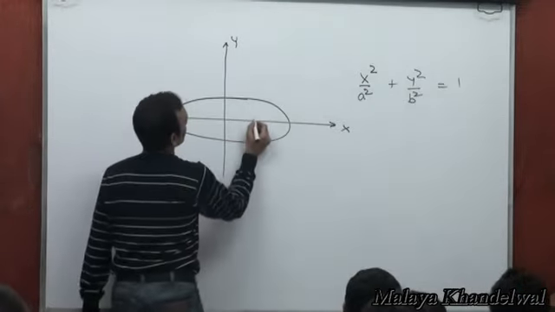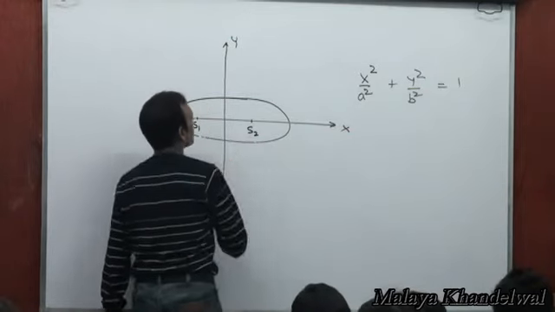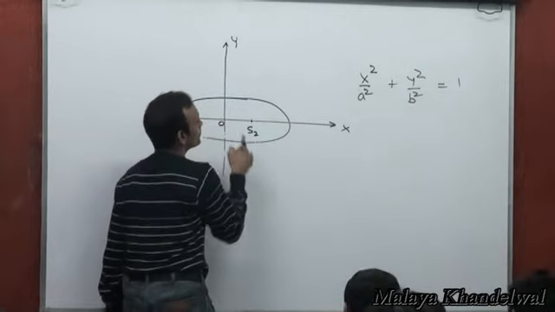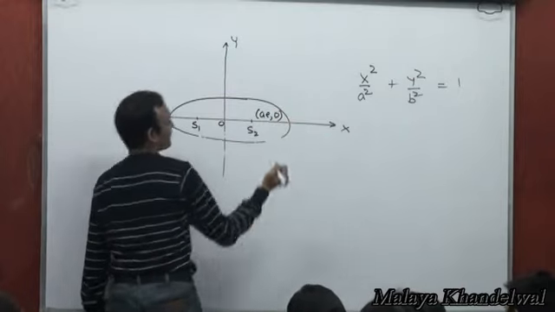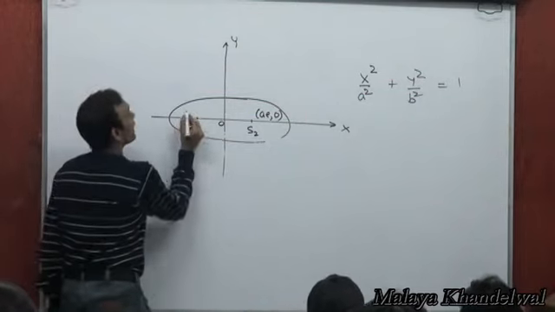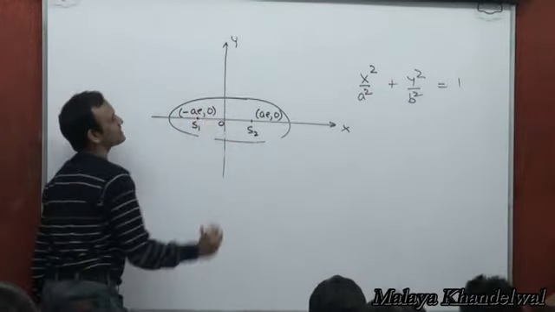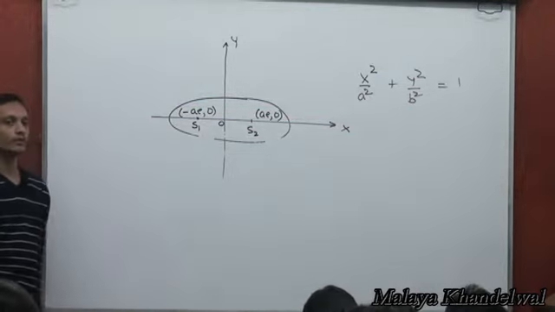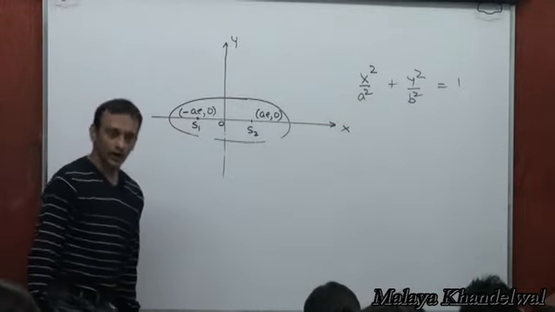It can be shown that the coordinates of the two foci S1 and S2 are the following. If O is the origin of coordinates, the midpoint of S1 and S2, then S2 has coordinates AE, 0. S1 has coordinates minus AE, 0. These are the coordinates of S1 and S2. Clear?